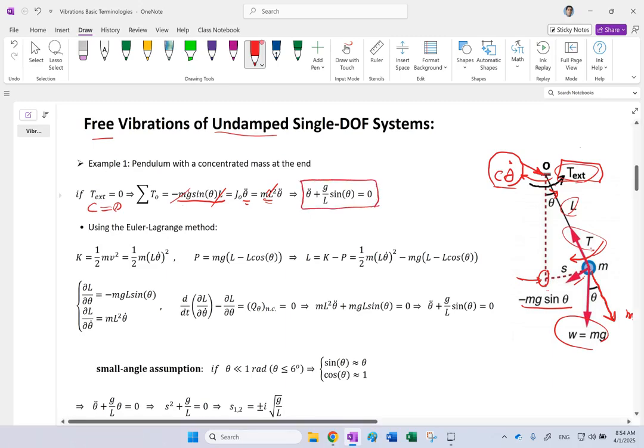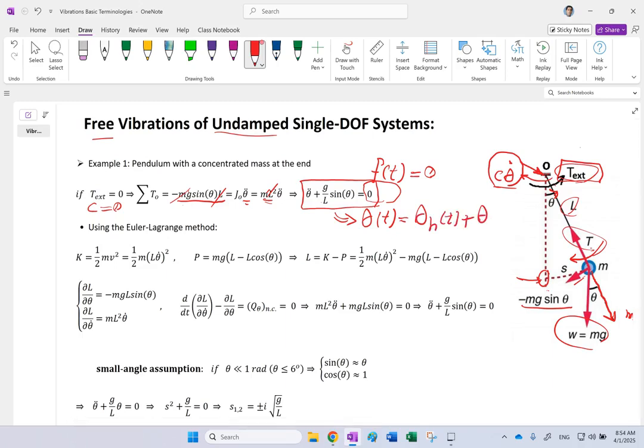Now, another way that you can say the system has free vibration is to look at the governing differential equation of the system. If you look here, the left-hand side has all of the dependent variable theta. On the right-hand side, there is no function of time. So f of t here, the right-hand side, is 0. Therefore, if you have a solution to this differential equation, you know in general it has 2 solutions: a homogeneous solution and a particular solution.